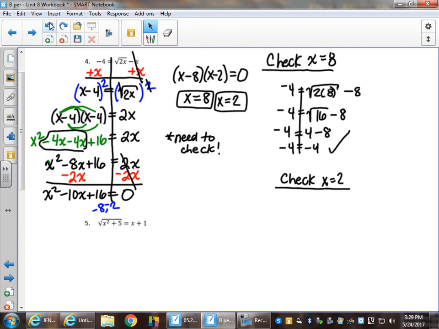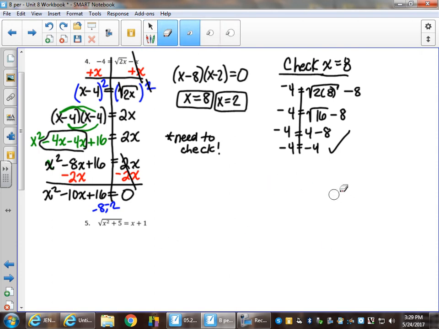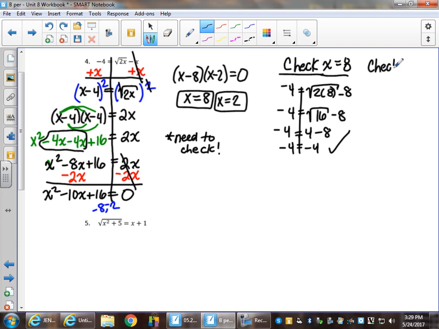Oh, it's going to take too long. All right, if you're able to fit your check of x equals 2 right here, I don't want to get into this workspace. Sorry, bear with me for a second. See if I can make this work out. I'm going to go for it.